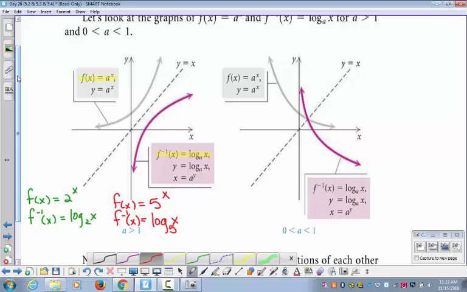Exponential growth, logarithmic growth. For the decays, if we have a to the x with a decay function, so a is between 0 and 1, then its inverse is the same thing. Just take the log with the same base. That'll be the curve that corresponds to the reflection through y equals x.